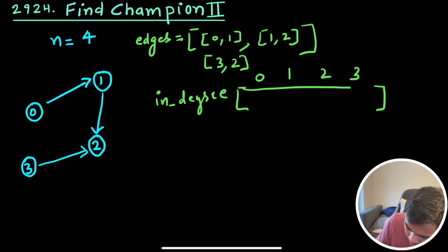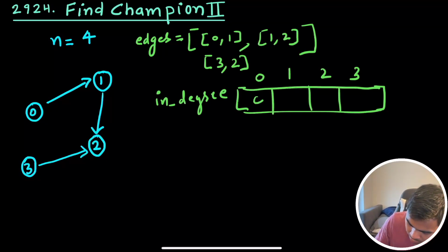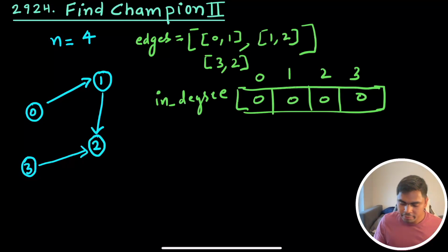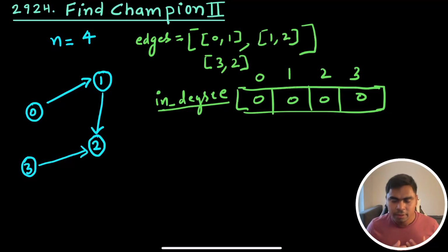Initially we can assign 0 to each, and then we go over our edges and fill this up depending on how many incoming edges each vertex has. Now, why am I doing that?